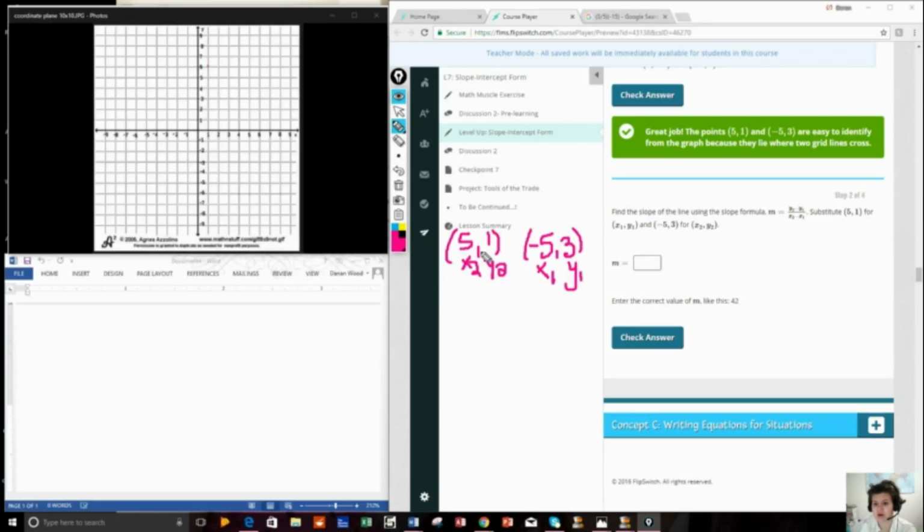So I'm going to graph these points, 5, 1 and negative 5, 3. Okay, so these are the 2 points. And they want to know how steep is this line, or what's the rate of change that line is going through between these 2 points.